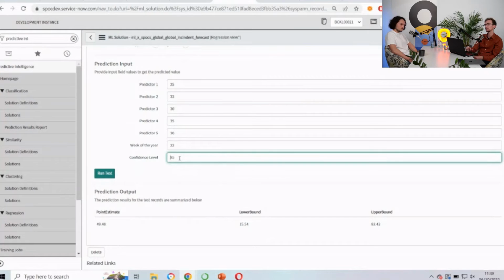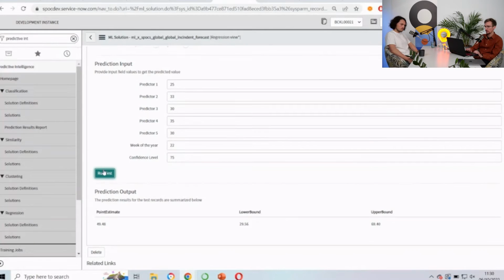But if you want to be sure only for, let's say, 75%, the range will be different, and we will be able to check this once again.